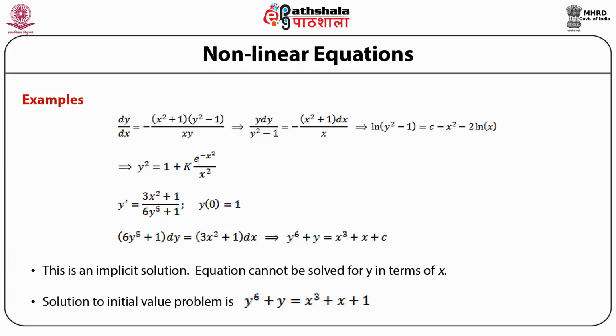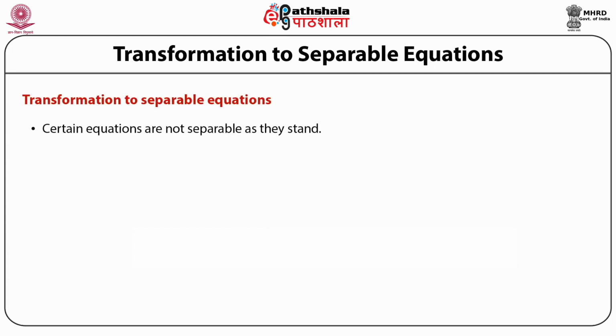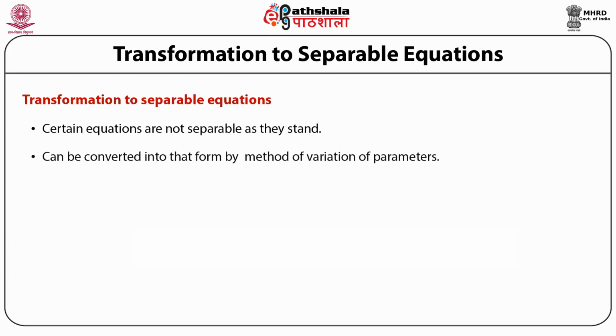Here we discuss the transformation to separable equations. Certain equations are not separable as they stand but can be converted into that form by the method of variation of parameters, similar to that employed for the linear inhomogeneous equations.